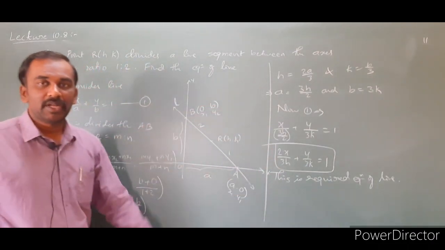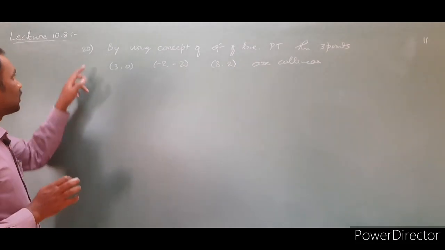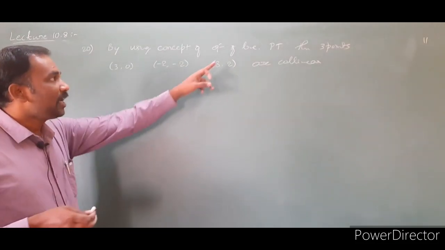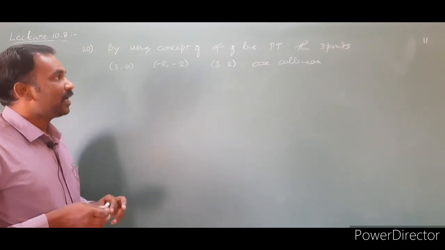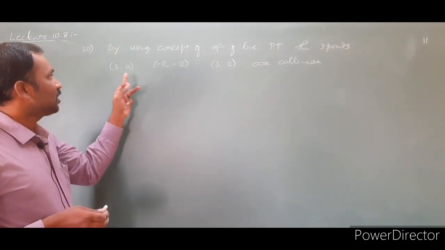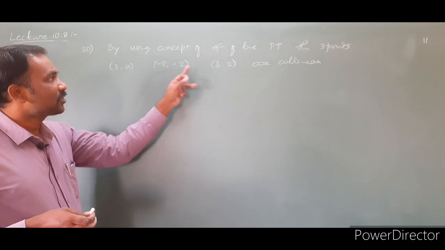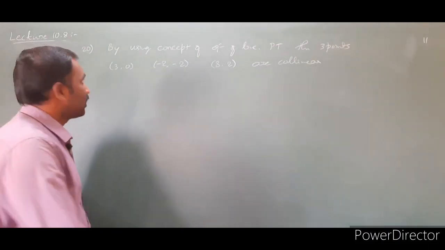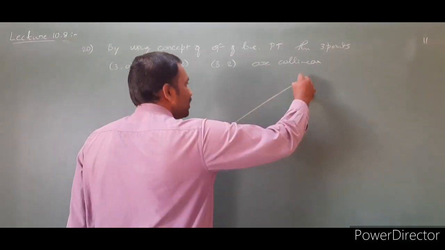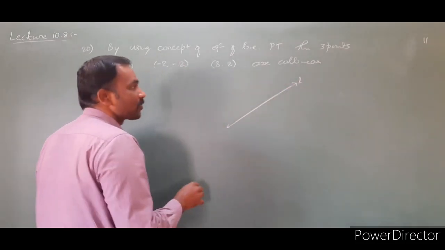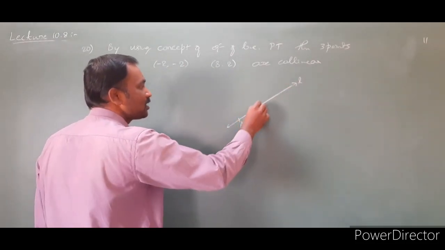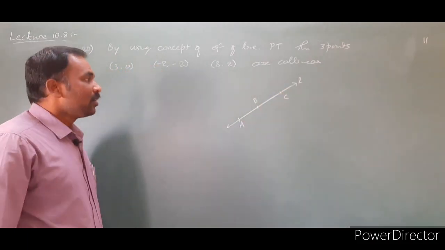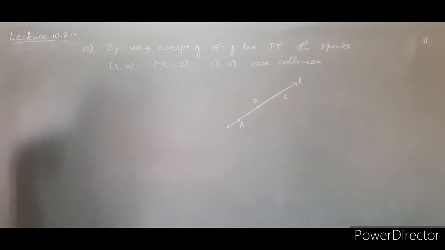So very simple problem. Yes, last problem of the exercise. By using the concept of equation of the line, prove that the 3 points (3, 0), (-2, -2) and (8, 2) are collinear. Okay. Suppose this point is A, this point is B and this point is C. So different conditions are there.